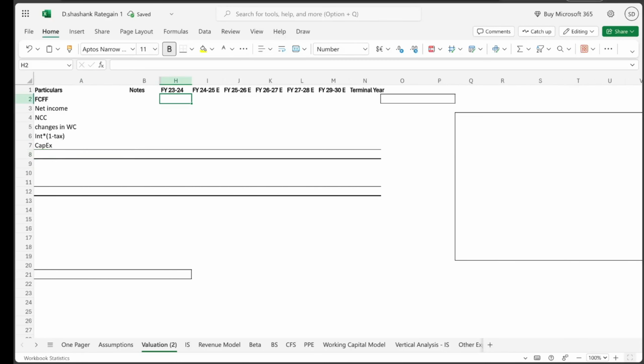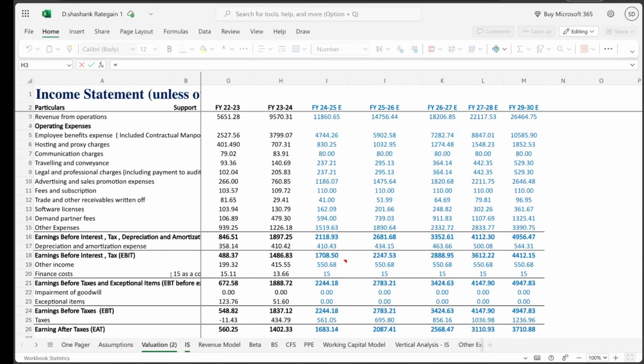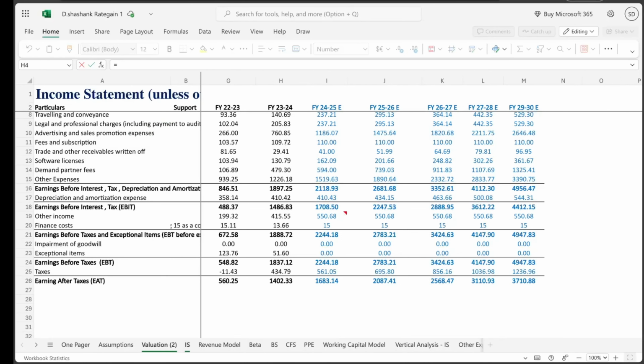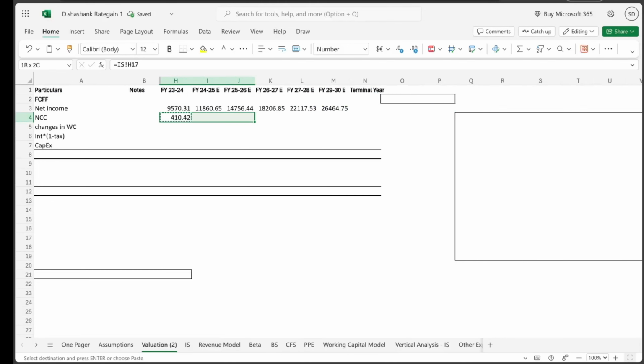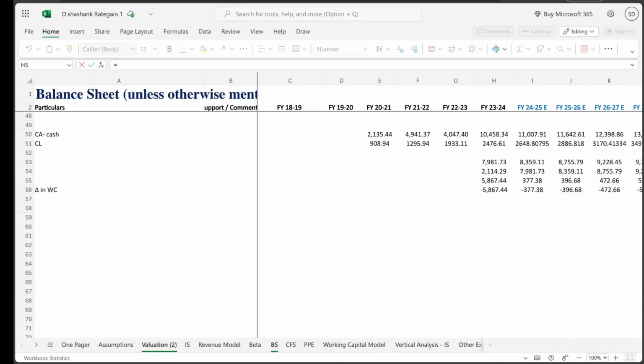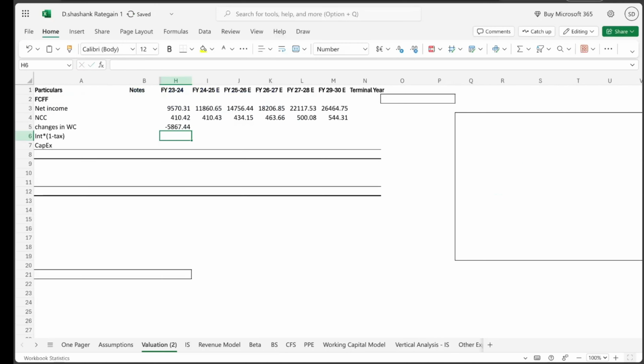So let's get our numbers. Net income, we are going to get it from the income statement. Let's drag it. The non-cash charges, which is nothing but depreciation, and changes in working capital. For this, I have calculated the changes in working capital here. Then interest into 1 minus tax.